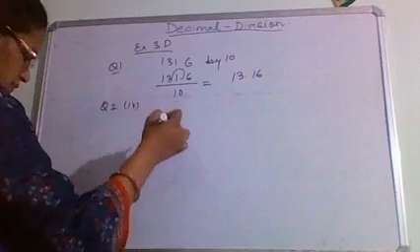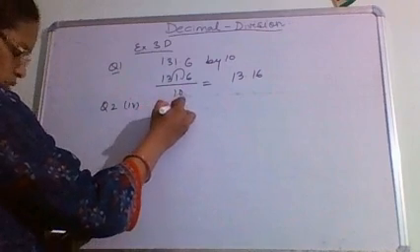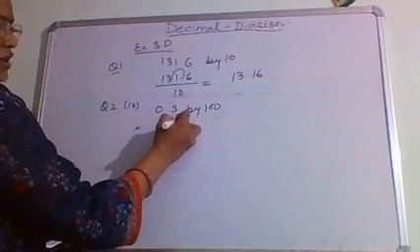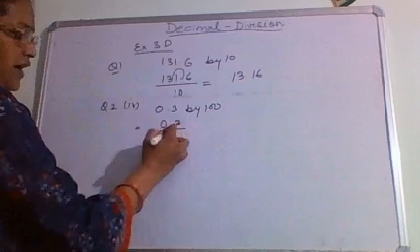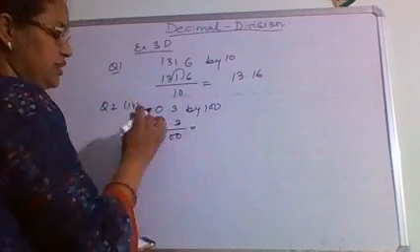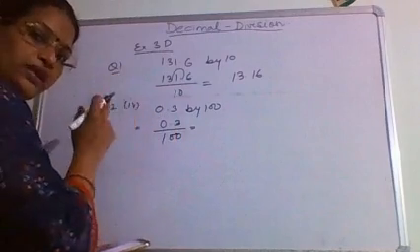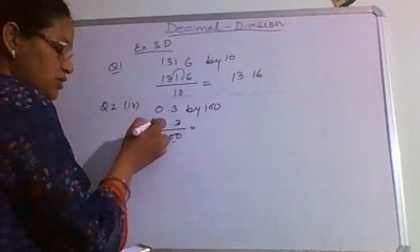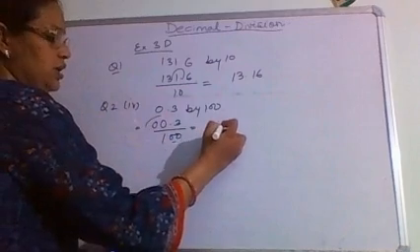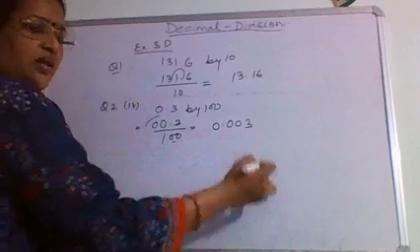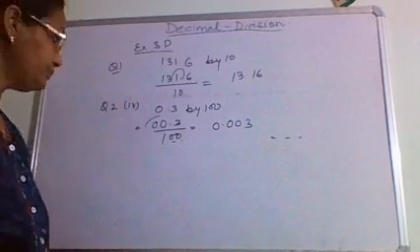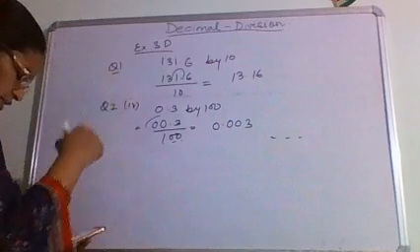It is 0.3 by 100. 0.3 divided by 100. Okay, so what is the answer? Decimal shifted towards 2 places because it is 100. So there are no zeros, so I will add them. So decimal comes over here. 0.003. And so on, you have to do the questions. Right. Now, question number 3.